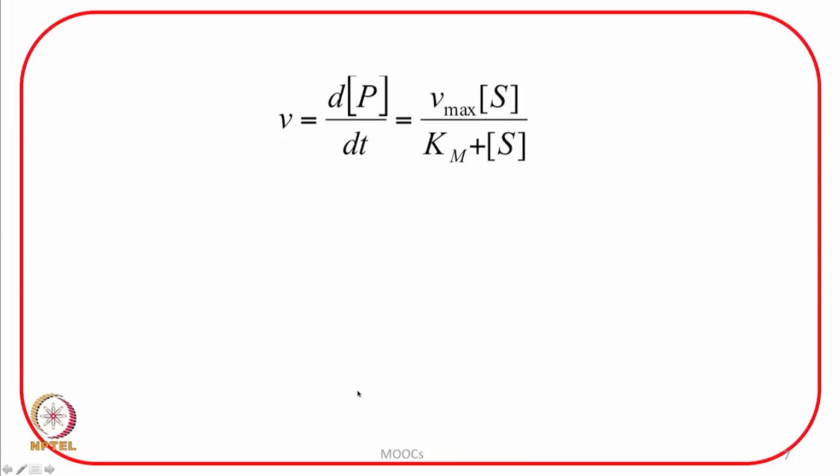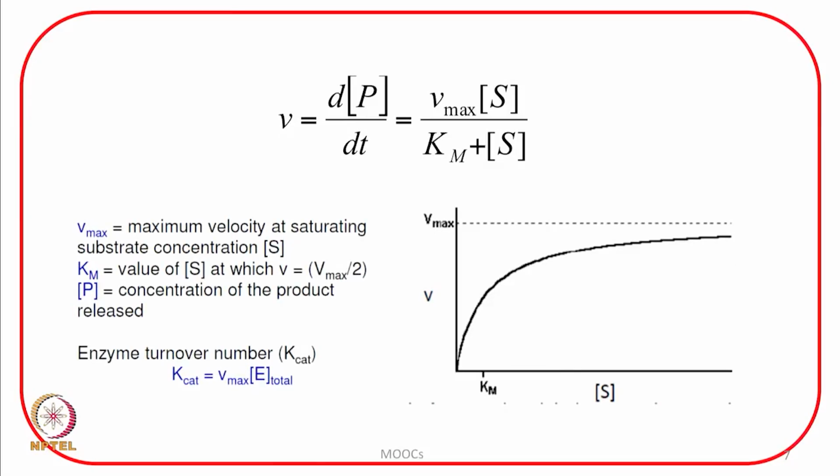What we got now is the rate in terms of Vmax, Michaelis-Menten constant, and the substrate concentration. This is how you can pictorially represent it, whereas as I discussed earlier, Vmax is actually this rate constant, the product K cat into E total.